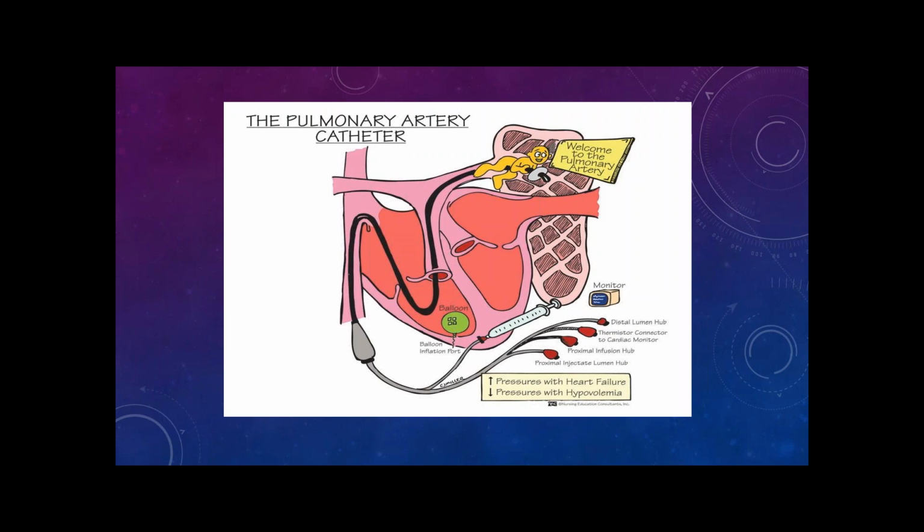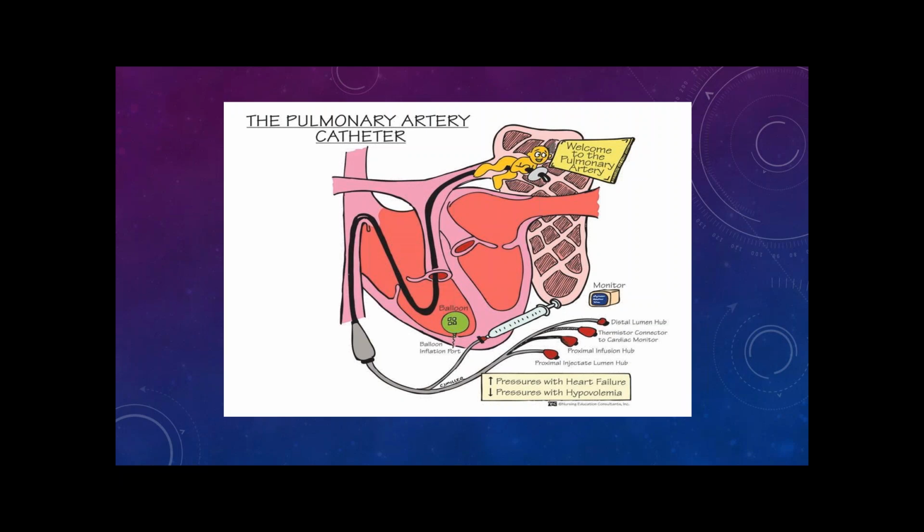That is called a wedge. It's wedged into place. And when it's a pulmonary capillary wedge pressure, it is also a pulmonary artery occlusive pressure, because if it's wedged in there, it is occluding any blood flow to move forward. Another term that it is called is just a wedge, okay?